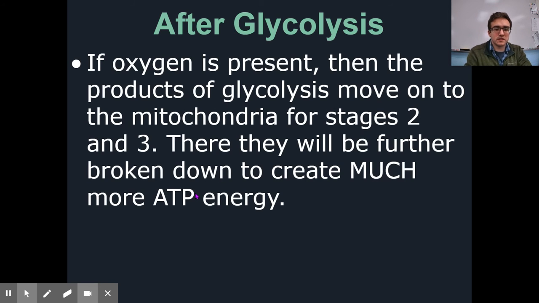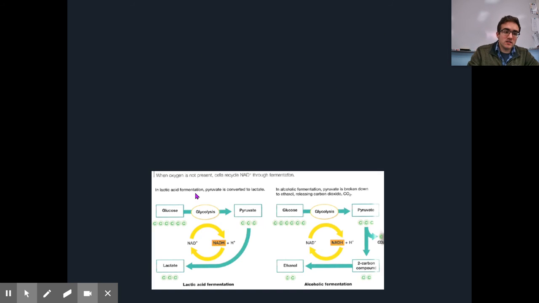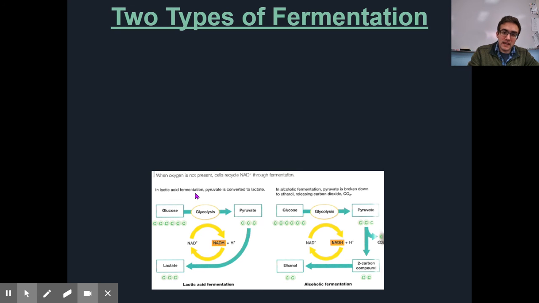After glycolysis, remember, if oxygen is present, we move into the mitochondria for stage 2 and 3. We already talked about the total output for the Krebs cycle and the electron transport chain. But what if we don't have oxygen present? Remember, we just repeat glycolysis. That's called fermentation, and there are two types.